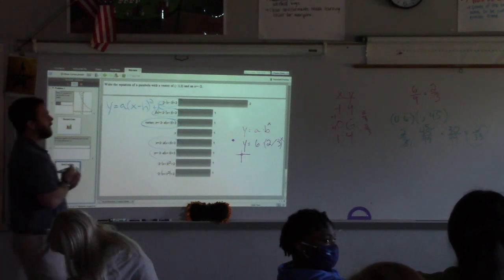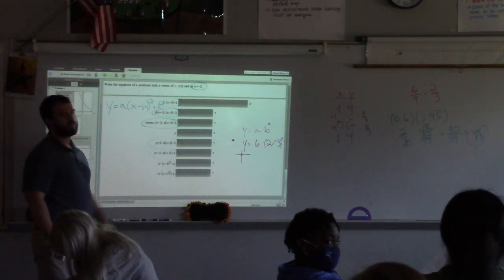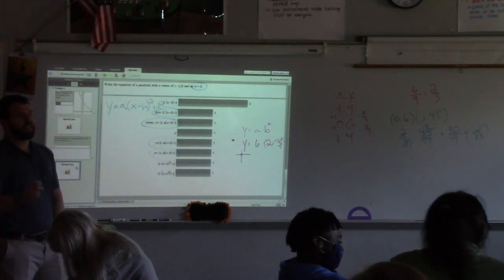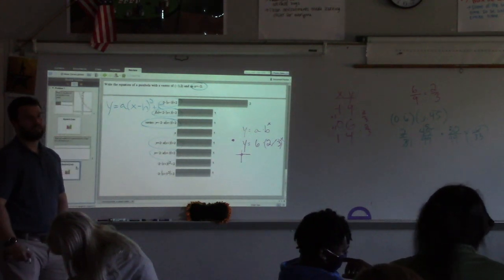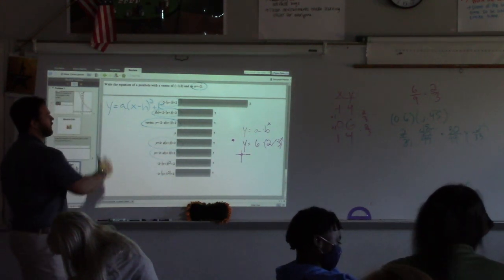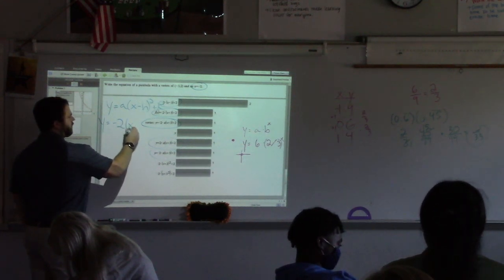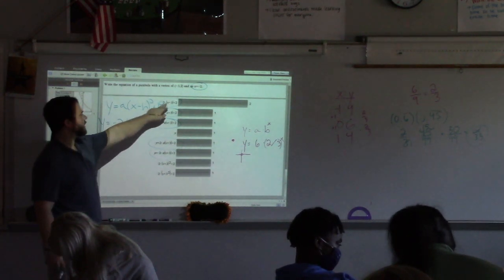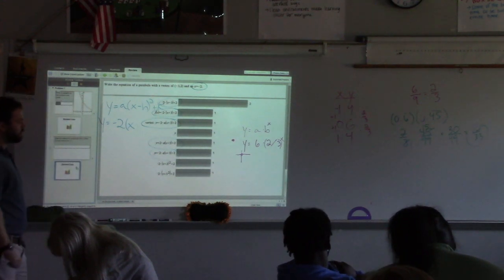I wanna point this out, a is equal to -2. Does that mean that the -2 is being multiplied by a? No, that means -2 can be substituted in for a. A is equal to -2. Now, I see some of us with x minus 3 and some of us with x plus 3. Which one is it supposed to be?